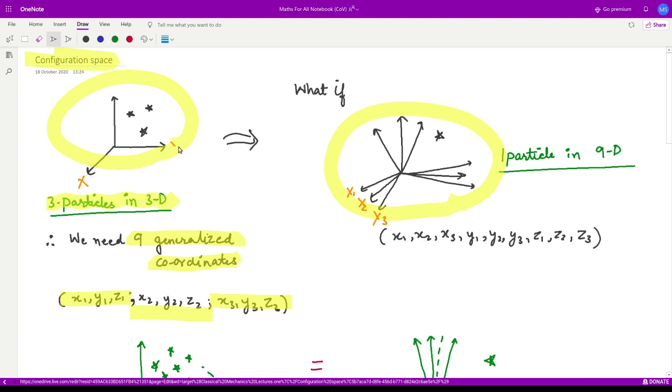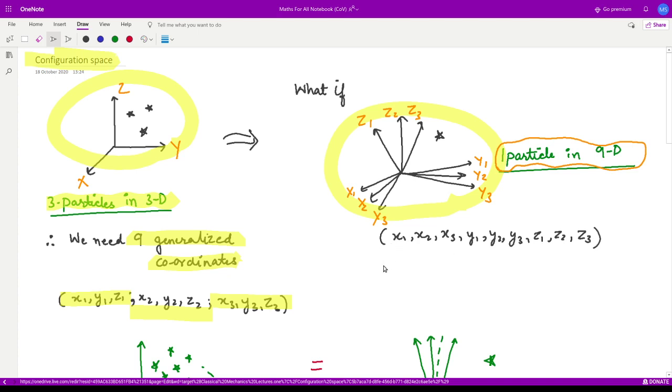Instead of taking one y-axis, I take y1, y2 and y3, and I do the same with the z-axis, right? So now I have represented the same three particles, which were in 3 dimensions, as one particle in 9 dimensions. How cool is that, right?